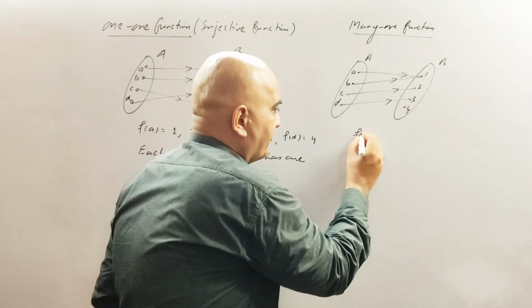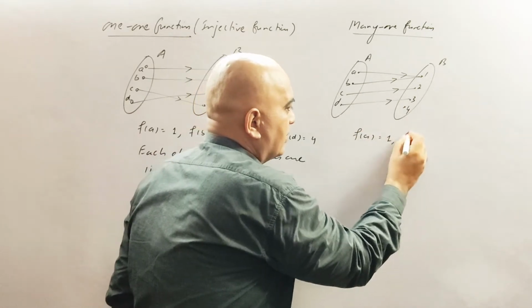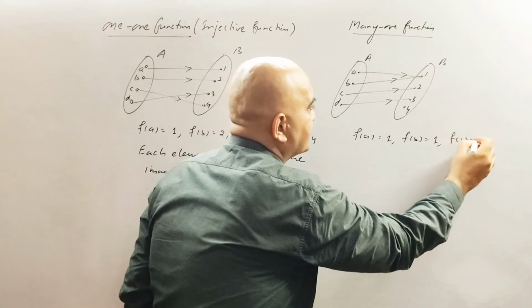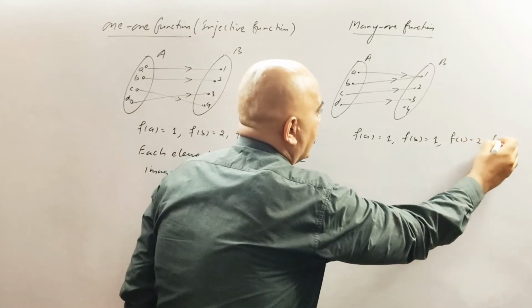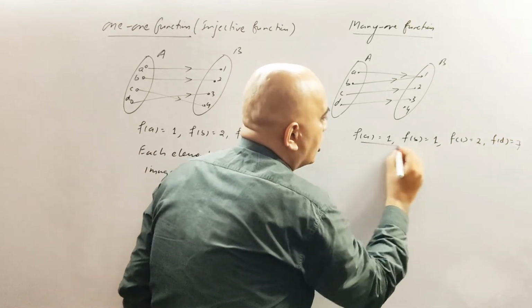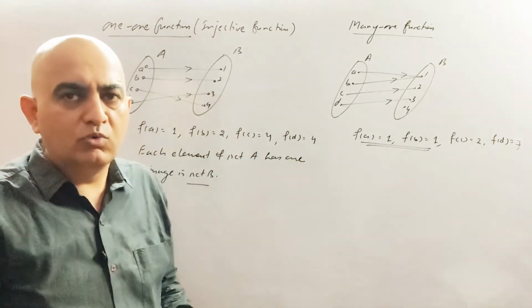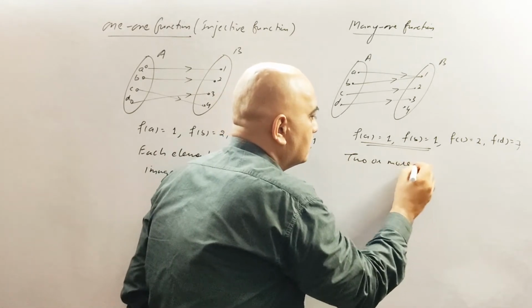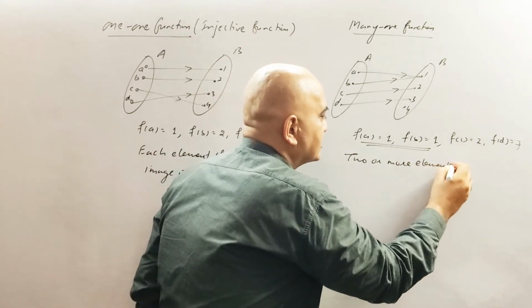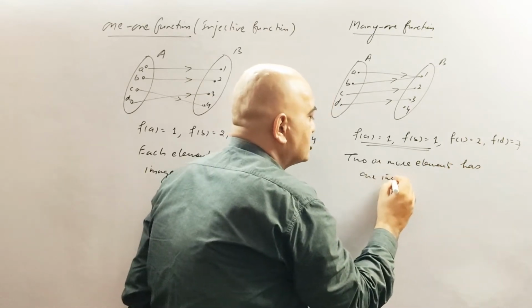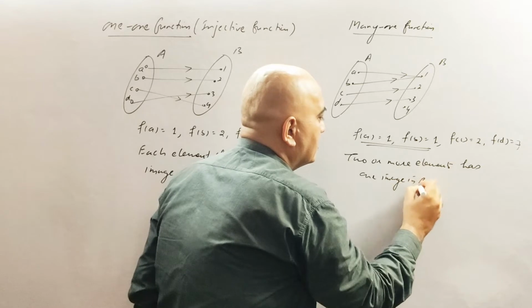So f(a) is equal to 1, and f(b) is also equal to 1, f(c) is 2, and f(d) is 3. So it means two or more elements have one image in B.